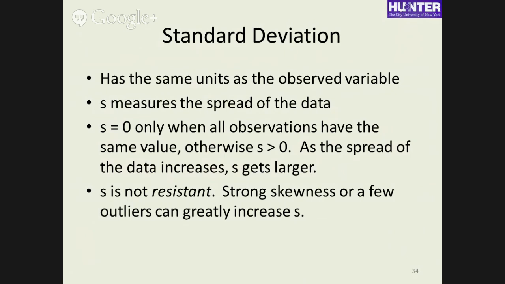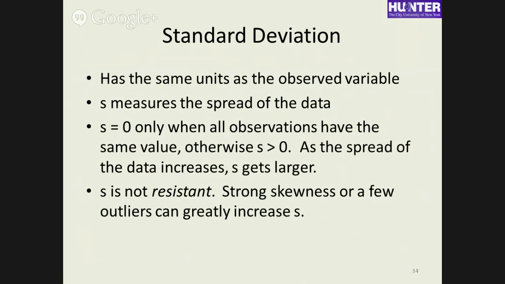So the things to know about the standard deviation: one is that it has the same units. If the variable is height in inches, then the standard deviation is also in inches. It's a measure of the spread of the data. It's just one measure of spread. There are several, but it's a useful one in a lot of cases where we have a more or less normally distributed variable.